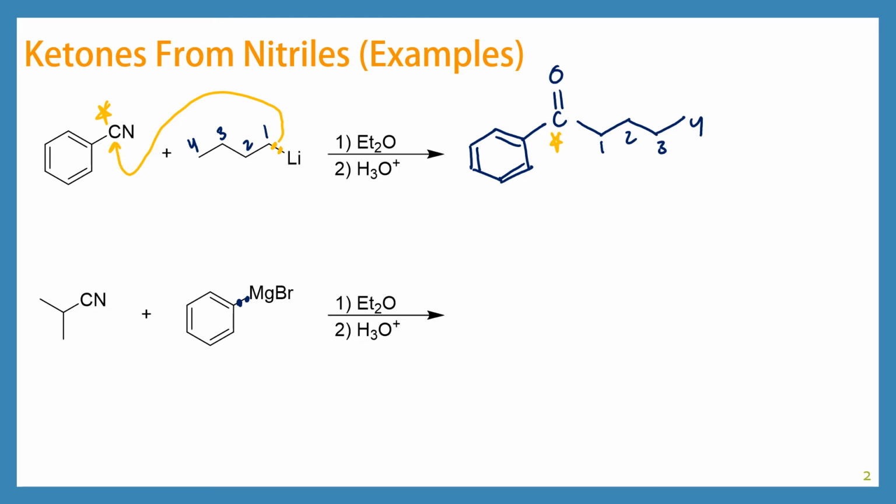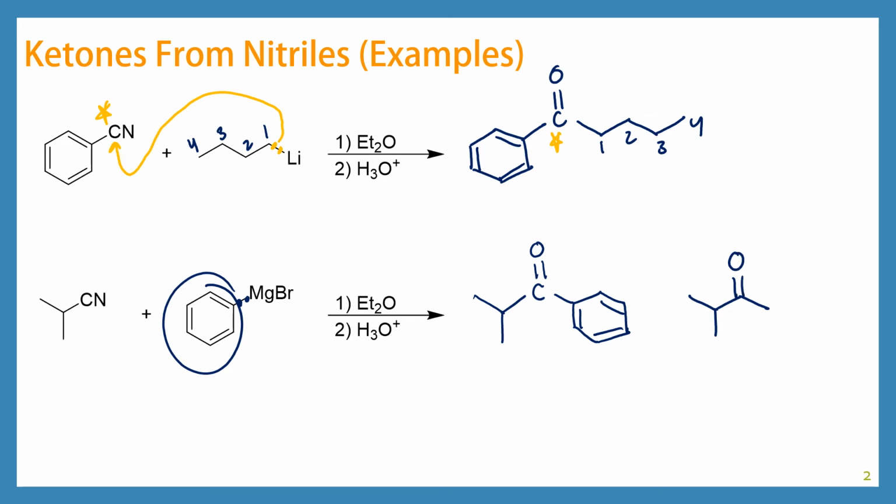So it might be helpful to you to draw out the nitrile first and draw out the nitrile carbon, which of course you're welcome to not draw out, and then add on your R group from the Grignard. You can also draw it without actually drawing in the letter C, which is preferable. But if drawing in the letter C helps you, then go ahead and do that while you're practicing.